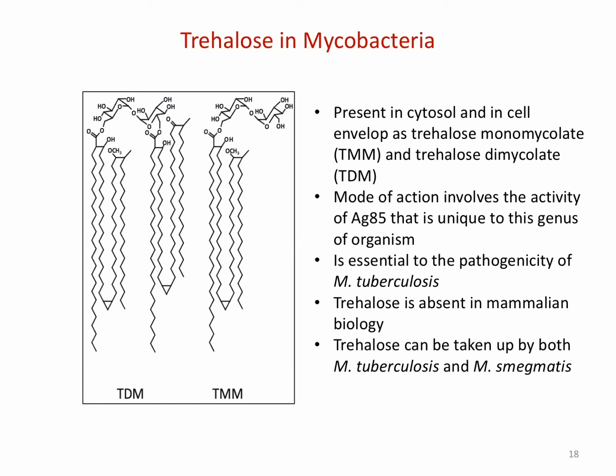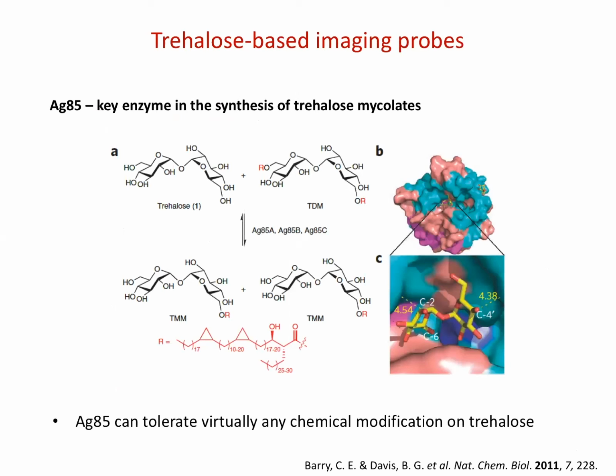The nice thing about trehalose is that it is absent in mammalian biology. And lastly, it is taken up by both Mycobacterium tuberculosis and Mycobacterium smegmatis, which is the non-pathogenic strain used by us and by many other people for model study. All right, so here's one example of using a trehalose-based imaging probe to detect and image Mycobacterium tuberculosis by Clifton Barry and Ben Davis.